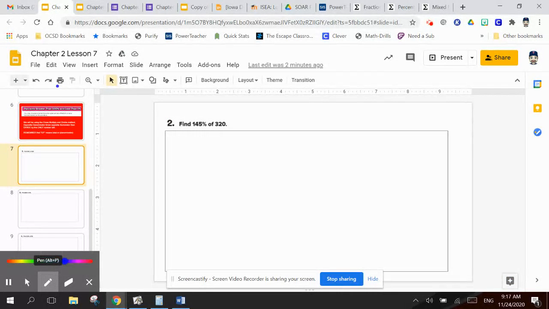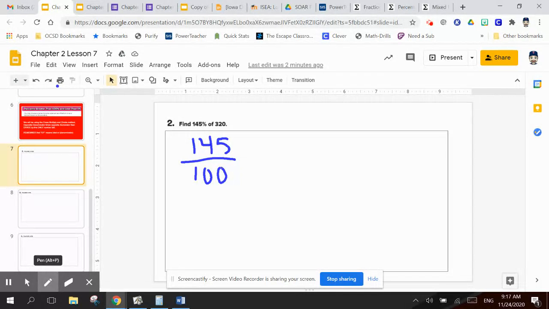So find 145% of 320. So I write this out as 145 over 100, that's its percent. Of tells me to multiply. 320 is my denominator. Of tells me that this number is my denominator.